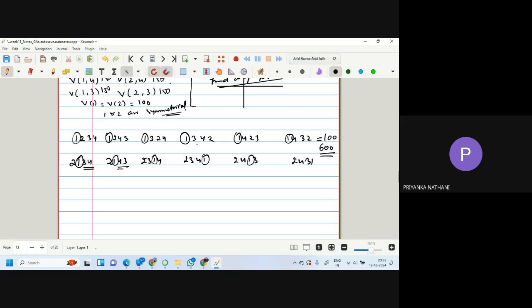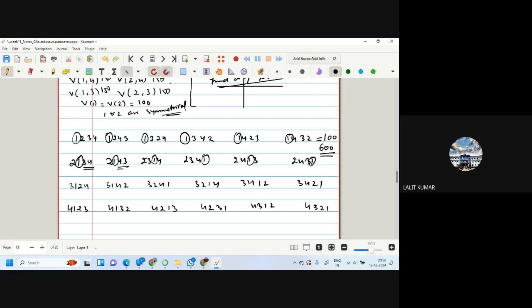If you find for 1, for example here, I will do for this 1: 3124, 3142, 3241, 3214, 3412, 3421, and now comes 4: 4123, 4132, 4213, 4231, 4312, 4321. I will calculate only for 1 because I know that 1 and 2 are symmetrical, so their values will be the same, x and x.